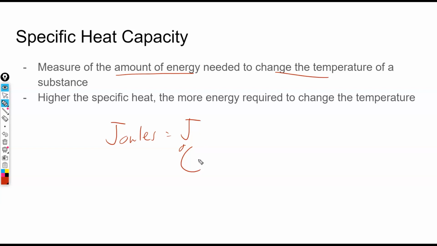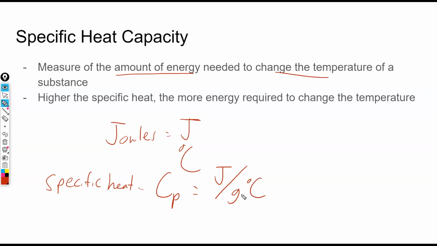But it's not just these two things, because we also just saw that mass plays a difference in how much energy change occurs. So specific heat, which we will abbreviate with a capital C and then subscript P, is the amount of energy in joules needed to raise 1 gram of substance by 1 degree Celsius.